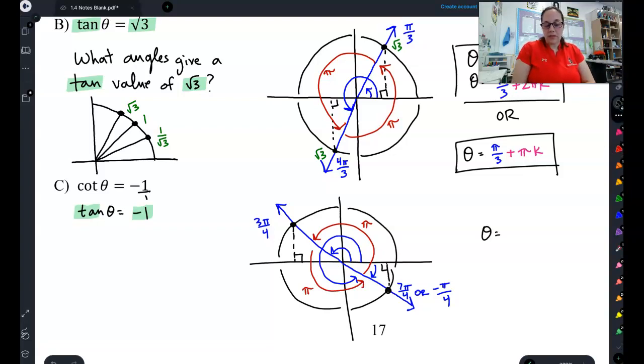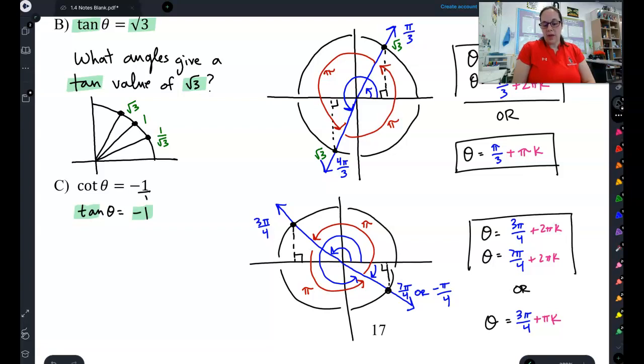Now notice once again that my angles are exactly pi across from each other. So that means I could either list them separately and add 2 pi k to both of them. That gives me all my coterminal angles. Or, because they're both pi apart, I could just list one of them and do plus pi k. And that will account for all the same angles.